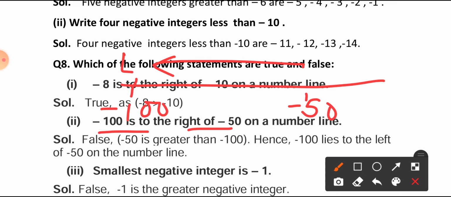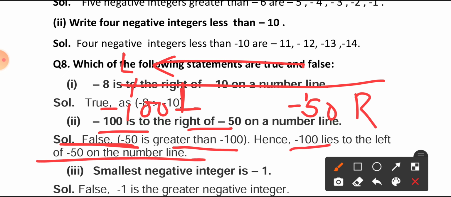Here it is asked whether minus 100 is on the right, but you can see that minus 50 is on the right hand side and minus 100 is on the left hand side. So you can say that it is false, as minus 50 is greater than minus 100 and minus 100 lies to the left of minus 50 on the number line. So left hand side numbers are always smaller than right hand side integers.